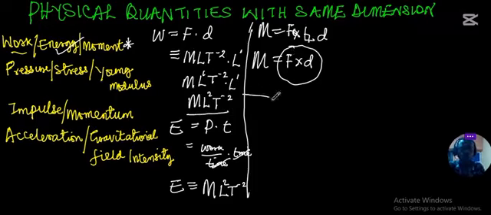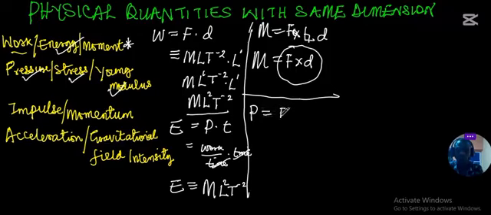Now let's go to the second set, which is pressure, stress, and Young modulus. The pressure on a surface is given by P equals force over area, because pressure is force per unit area. The dimension for force is MLT^-2, and that of area is L^2.